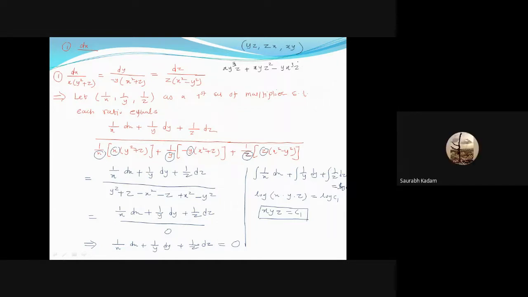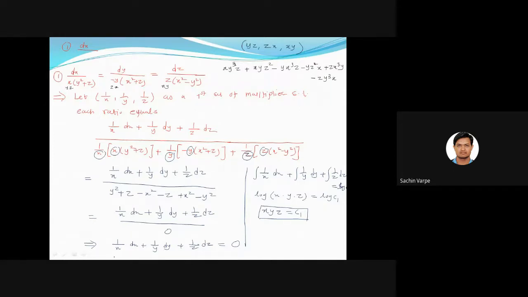Minus y z square x. Minus y z square x. zx cube y. zx cube y plus zx cube y. And the last is minus minus z y cube x.